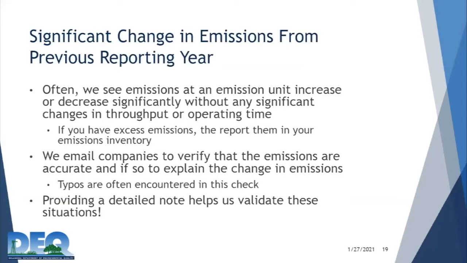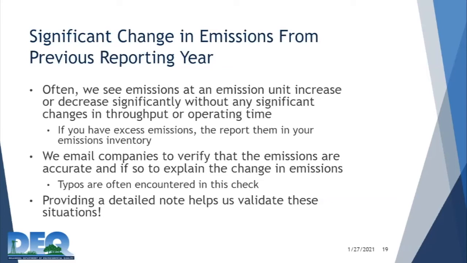The next issue that we look for is if we see a significant change in emissions from the previous reporting year. Often we see that emissions at an emission unit increase or decrease significantly without any significant change in the throughput or the operating time. Excess emissions can be an explanation for that. Definitely report those in your emissions inventory.